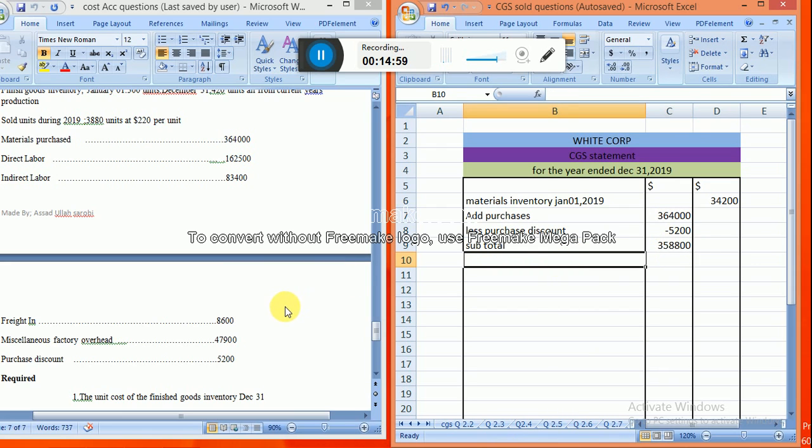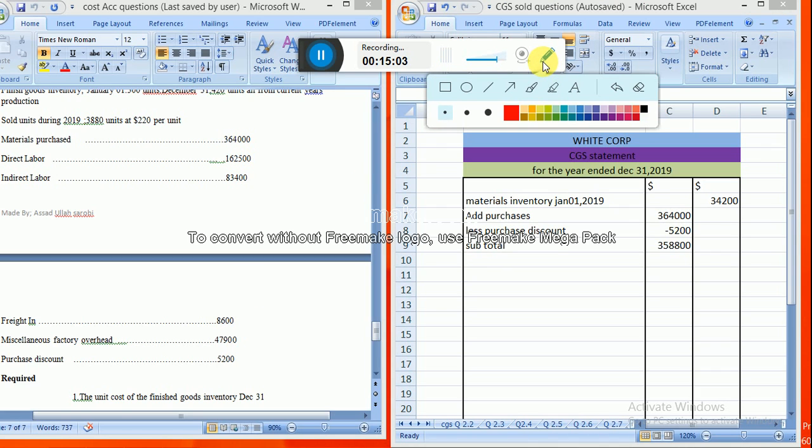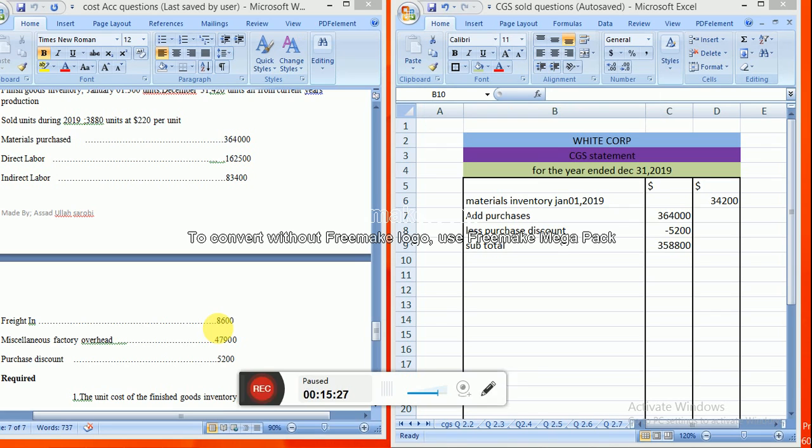In the question, freight in is also given. That's why I did not write here the net purchases. Why? When we made the purchases of 3,58,800 materials, on this we also pay the 8,600 freight.